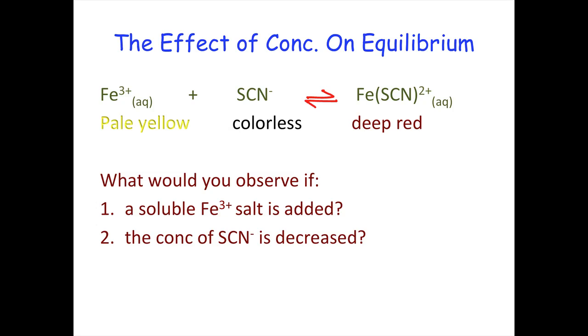To reduce Fe3+, it means that it's going to react with the Fe3+ you added with the thiocyanate ion to give you this. So if you had this system set up in your lab, what you would observe is that the color of the solution in the beaker will start to get darker because more of this is being formed.